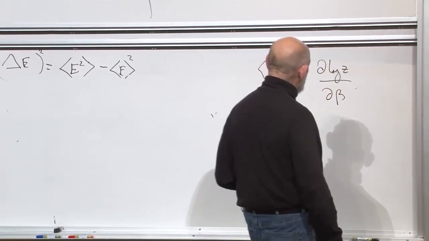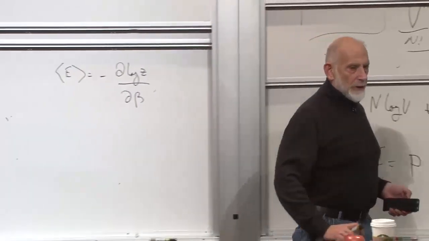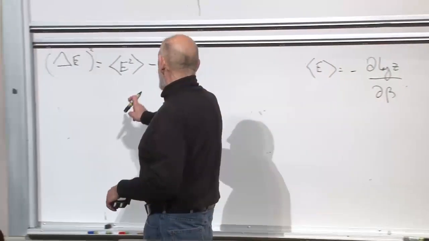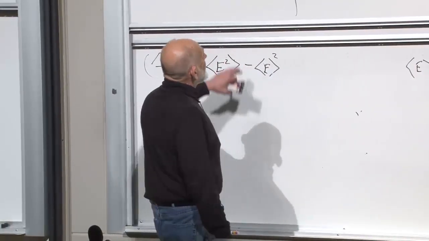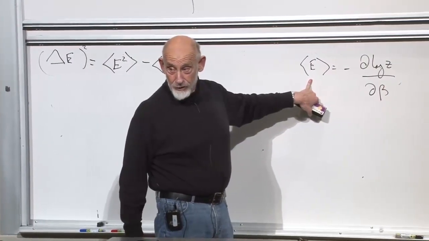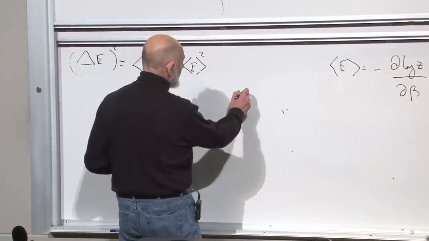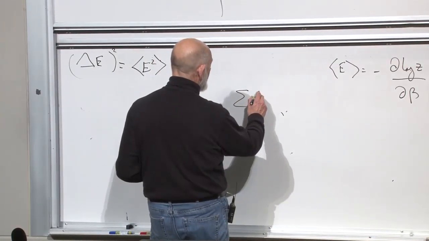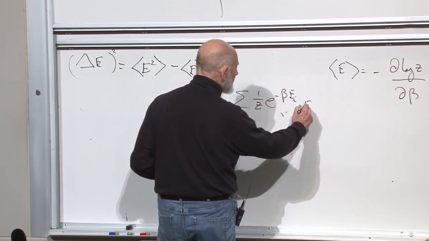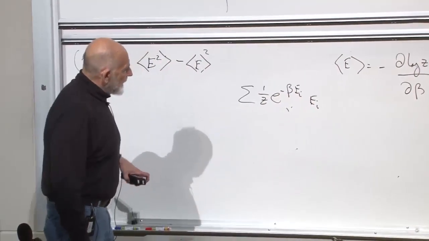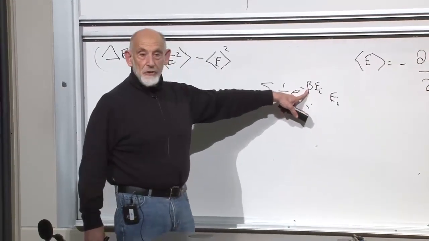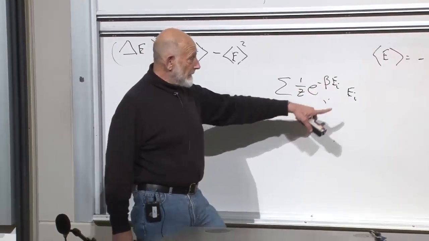So we have the average energy already. We don't have to do any more work on that. But what about the average of the square of the energy? Let's go back to, first of all, what was the trick that we used to calculate the average energy? You remember? We said that the average energy is the summation of 1 over z e to the minus beta e sub I, and then we recognized that multiplying by e sub I here is the same as taking minus the derivative with respect to beta.